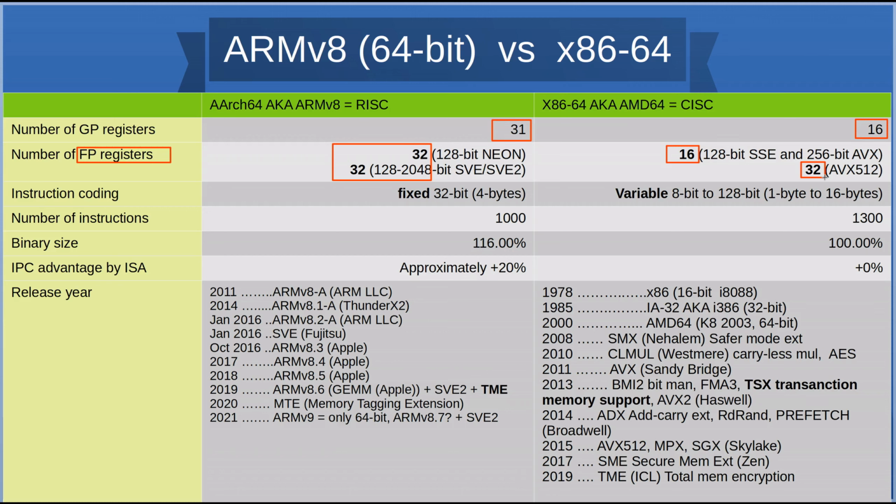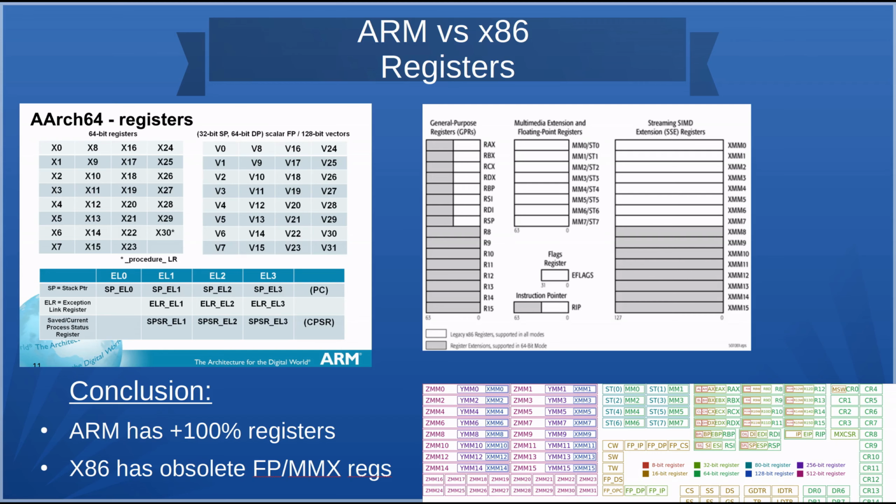So let's take a closer look at the comparison. I found some pretty nice tables. You can see here that ARM has 32 registers for general purpose, but the last one is used like a zero. It's kind of special, so for computation you can normally use only 31, and for floating point there are 32 registers.